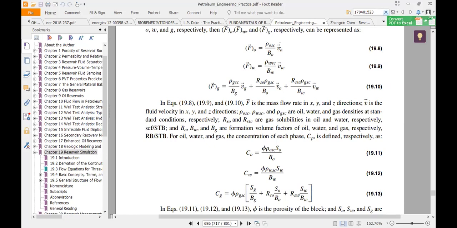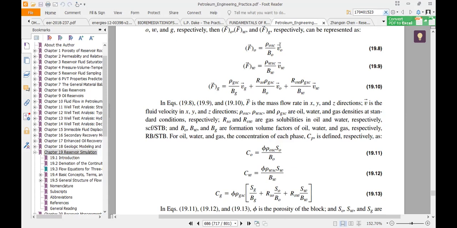Are you still there? Yes, I'm here. So typically if you want to account for reservoir conditions, you multiply by Bo, isn't it?